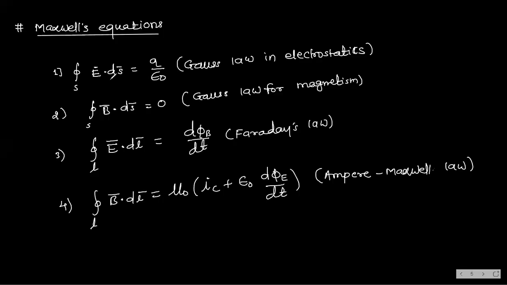Why are we learning this? Because these equations will tell us the existence of electromagnetic waves. That is what we are going to discuss in the next part. First, you note down this. Okay, let's move ahead.